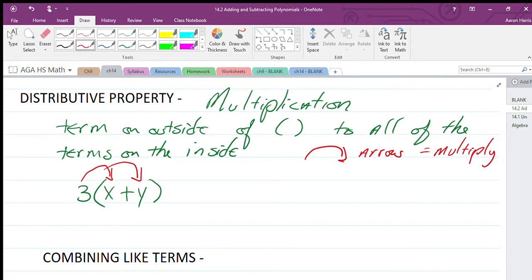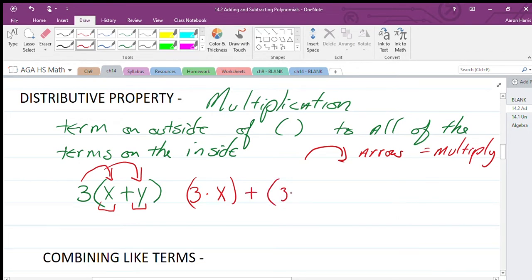How do I know there's 2 terms? They're separated by the what? Plus sign. Okay, so now this says 3 times x plus what? 3 times y. How do I know that?